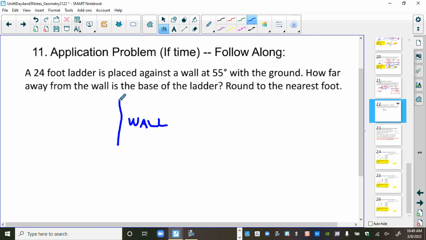They said the 24-foot ladder. Well, if we have a ladder, that's always our hypotenuse right there. Sorry, my drawing's not the best. But there's your ladder.